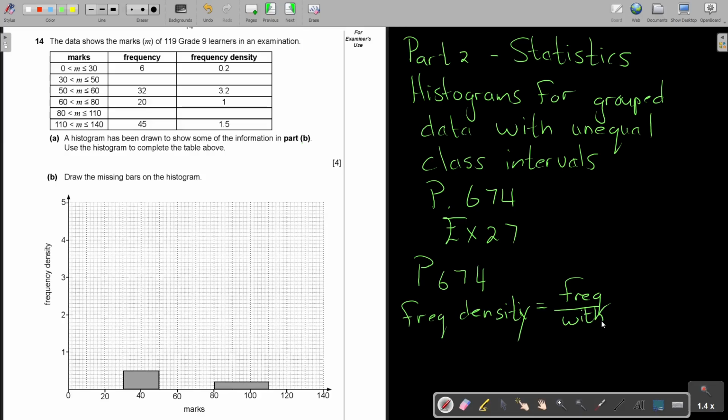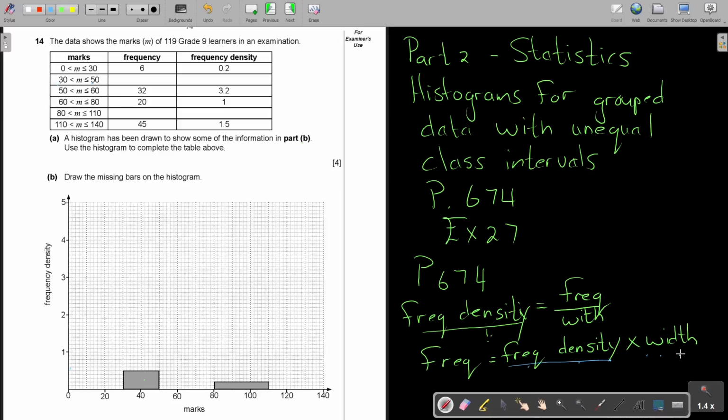Okay, but if you change this formula around, or just change the subject of the formula, if I want the frequency, I multiply across, it means the frequency density multiply the width. Okay, so we can use this formula.